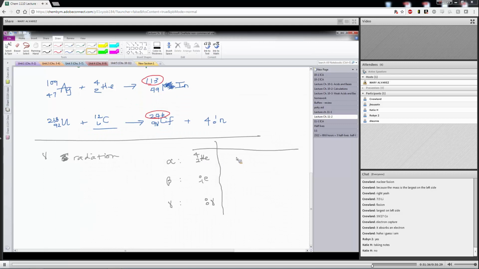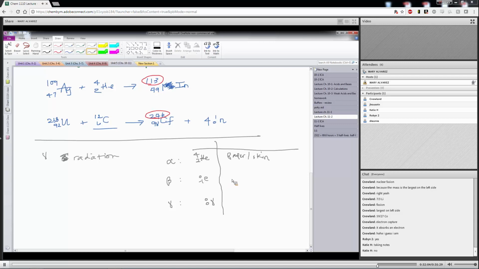So alpha radiation, if I have like a piece of paper or even the outer layer of your skin, is going to block alpha radiation. So that's pretty easy to block. It's not dangerous unless you have it internally, in which case your skin isn't going to help you, right? Beta radiation takes a little bit more.